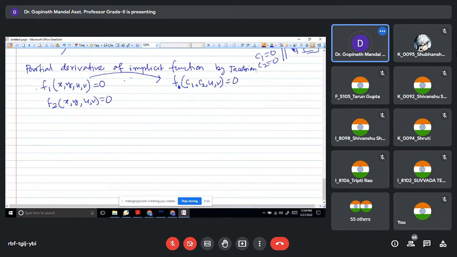But here there exist variables x and y. In that case, we say U and V are dependent.